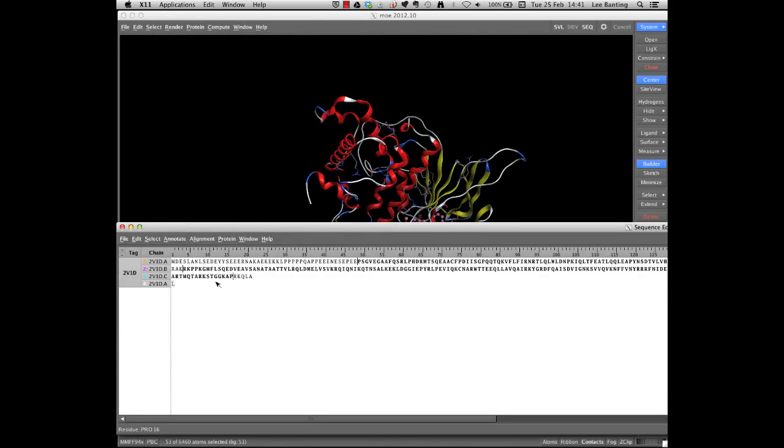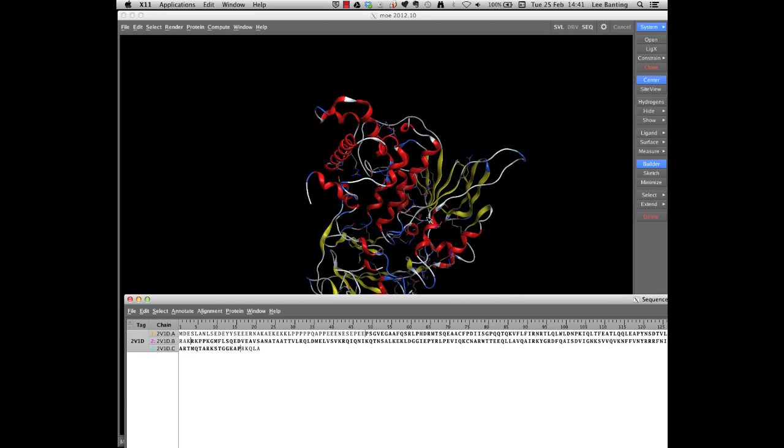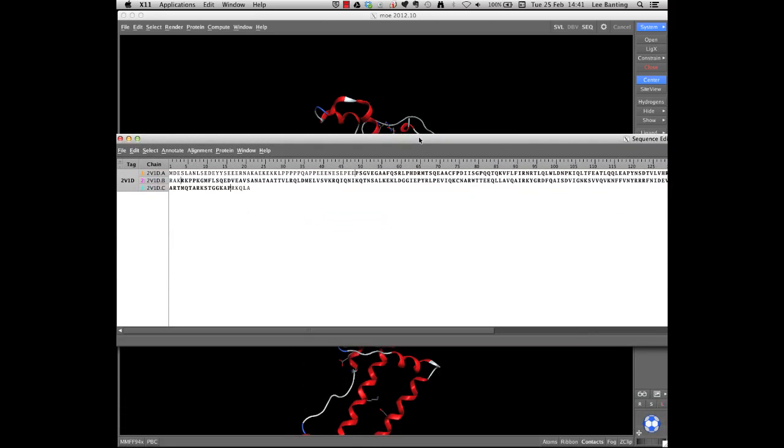We can edit sequences, so I can remove anything that's not protein. You can see that now our flavine is gone. I can use what I know about this protein, so I can do certain things to it and realise that I'm not doing anything so drastic.